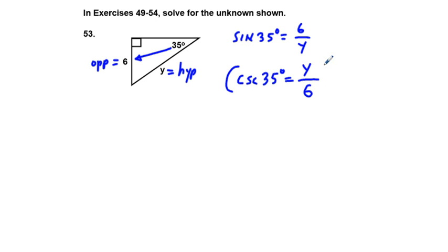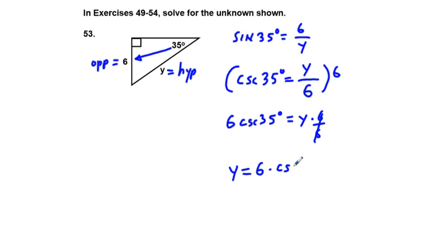If we multiply both sides of the equation by 6, we get 6 cosecant 35 degrees is equal to y times 6 over 6. And 6 over 6 cancels, so y equals 6 times cosecant 35 degrees. The book answers the question as 6 over sine 35 degrees, and these things are exactly the same.